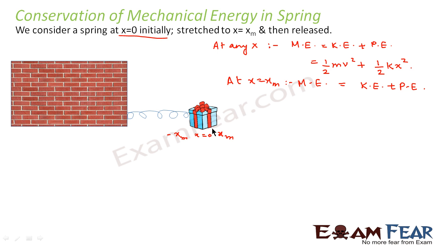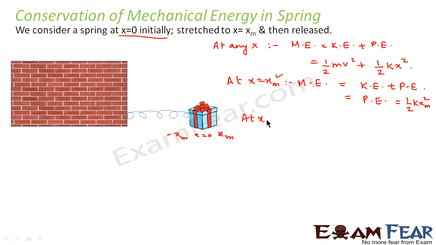At that particular time, for a very short period of time, the box or the spring is not moving. Once we release it, it starts moving. So for that very short span of time, when x is exactly at xm, the kinetic energy is 0. So in this case, we will have only potential energy, and that will be equal to half kxm square.